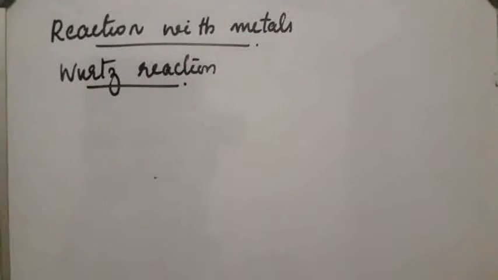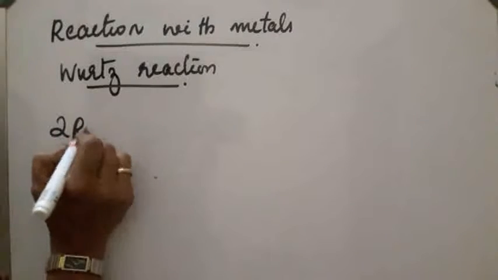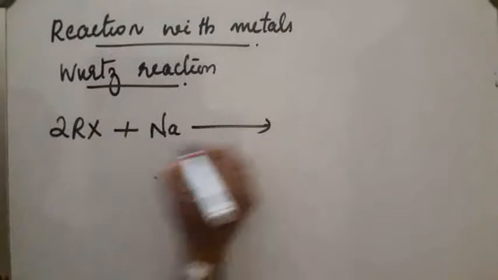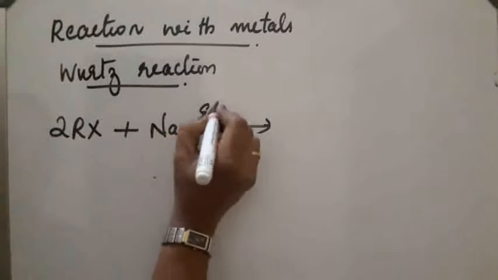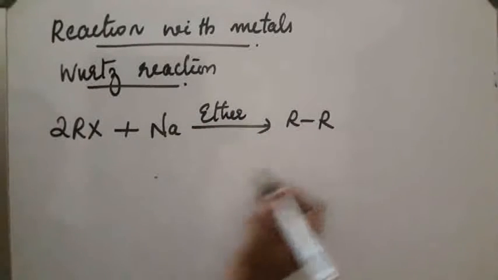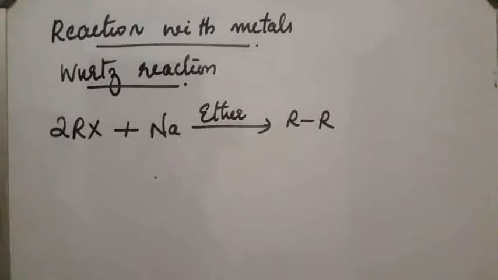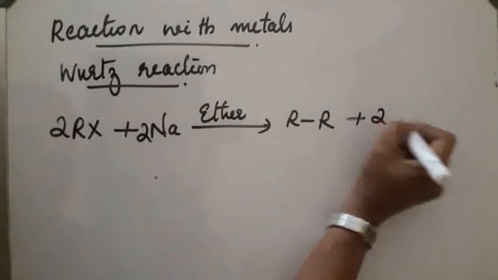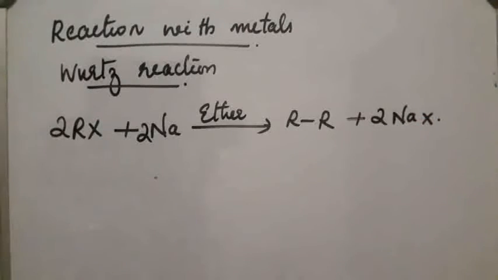Here, alkyl halides on reaction with sodium in the presence of dry ether give a hydrocarbon. 2RX plus 2Na in dry ether gives R-R plus 2NaX.